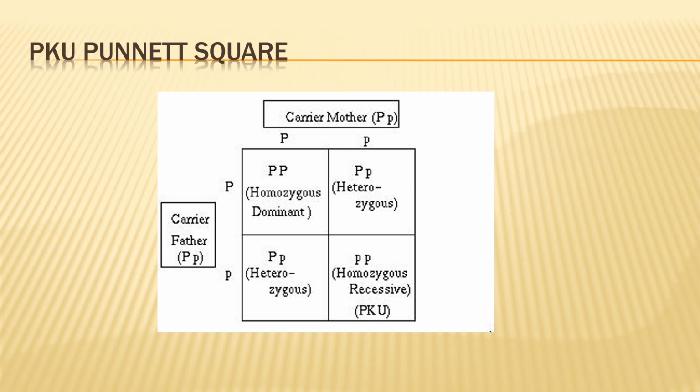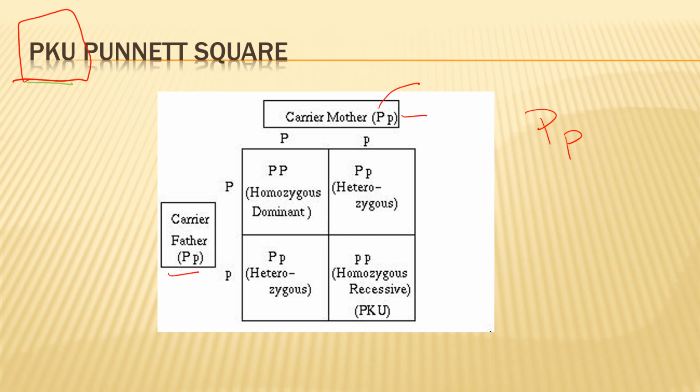This Punnett square illustrates how an autosomal recessive disorder is inherited. In this case, it's for PKU. I'm going to switch to a different color, that green. This one's not the greatest because the letters look so much alike, but both parents are carriers.